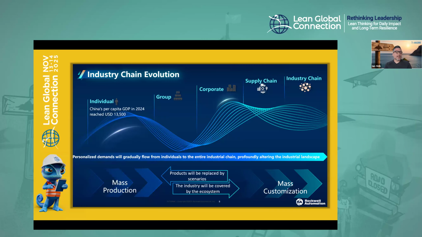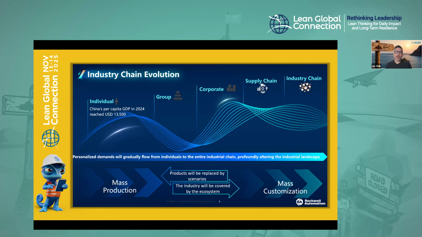Now, another thing that's driving a demand change is the buying behavior change, and the buying behavior change is somewhat related to the per capita GDP. China's per capita GDP in 2024 had reached over 13,000 US dollars. If you observe and analyze across different countries throughout history, it's very interesting to see how buying behavior starts to evolve.